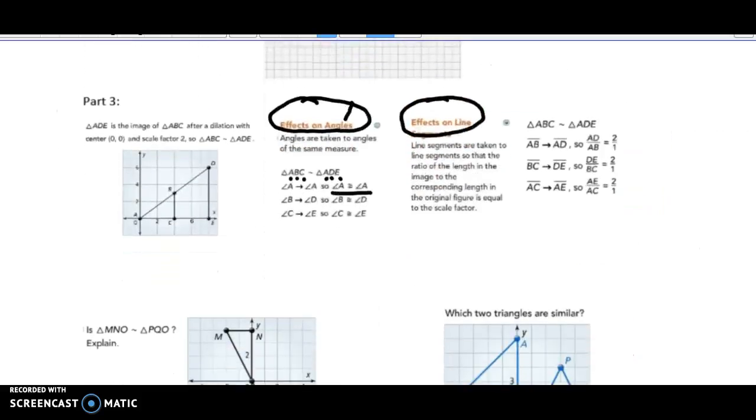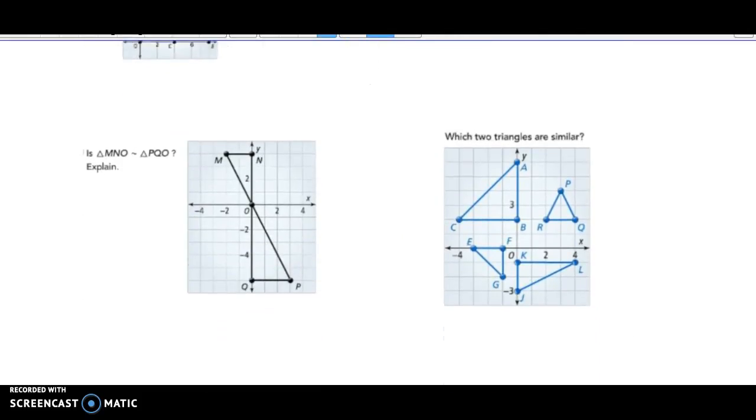So the last part we need to know how to do is, as we're looking to see, is triangle MNO similar to triangle PQO? I can check and make sure that my corresponding sides are proportional, and that's how I can prove that they're similar. So let's look first at side MN.